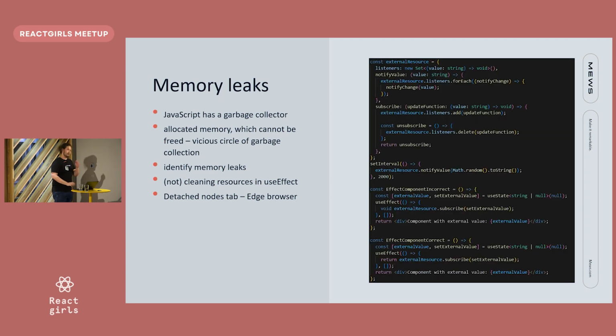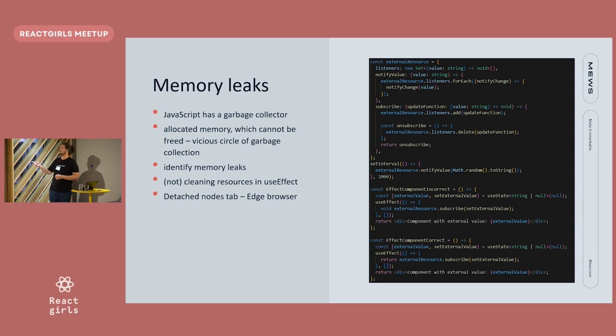Also, why do memory leaks usually happen? The three times I've had the pleasure to deal with them, it was with some external resources and some random magic. Let's say we have some external resource. It has a set of listeners, each a function accepting a new value, which will be processed somehow. We have a notify value function, which will call the notify change function of each of the listeners with a new value.